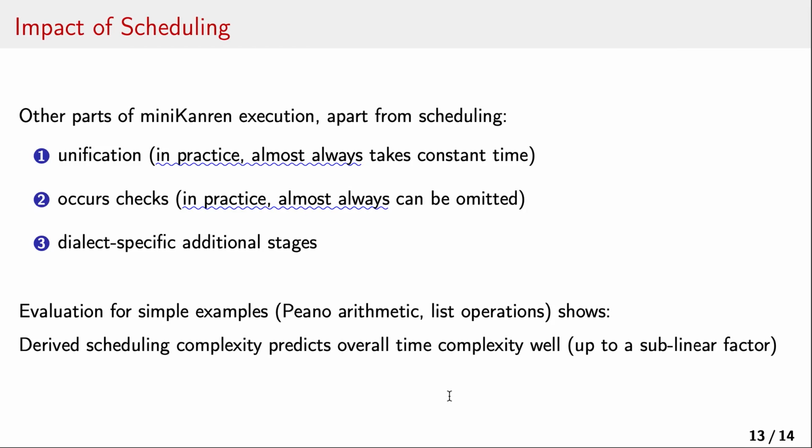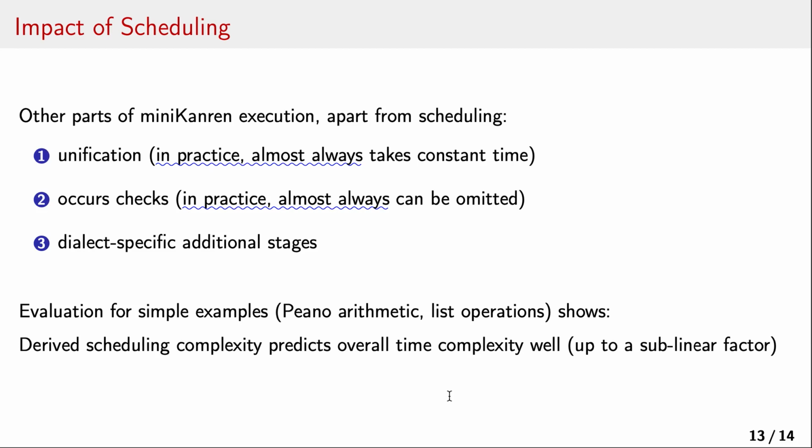Our measure is able to explain some performance phenomena, but is it applicable to estimate the overall time of the search in practice? We don't have a definitive answer yet, but we suppose that it can, because scheduling is a detrimental part of the execution in miniKanren.